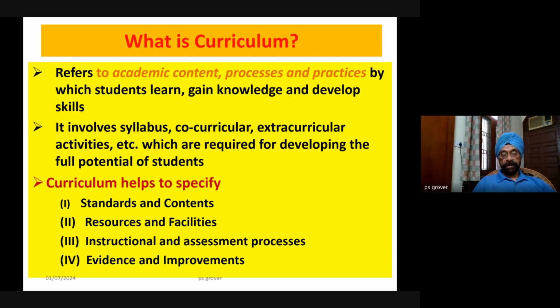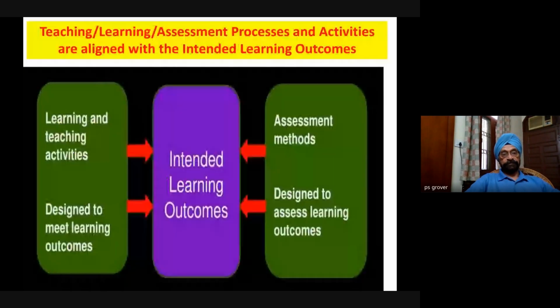Kindly appreciate, outcome-based curriculum is a very important issue to be understood in the context of our outcome-based education system. In the outcome-based education system, we decide beforehand what should be the learning outcome of the student.